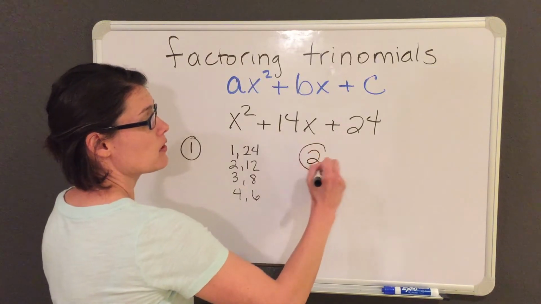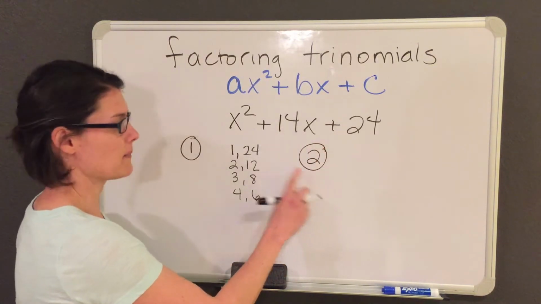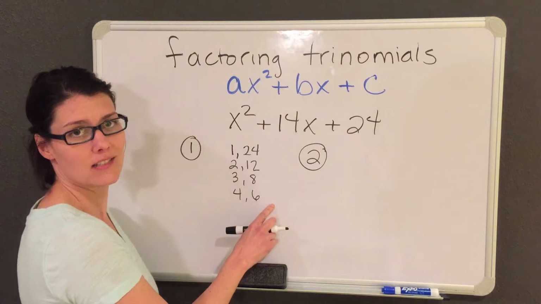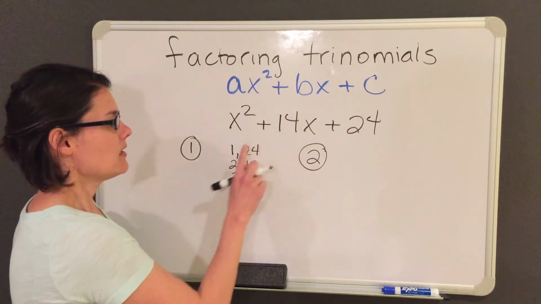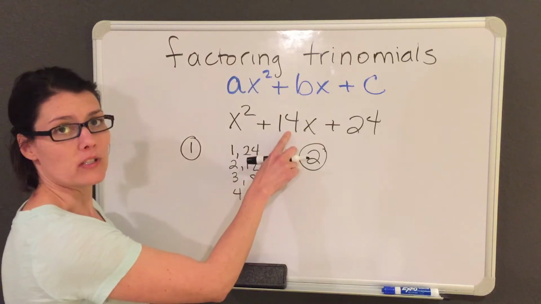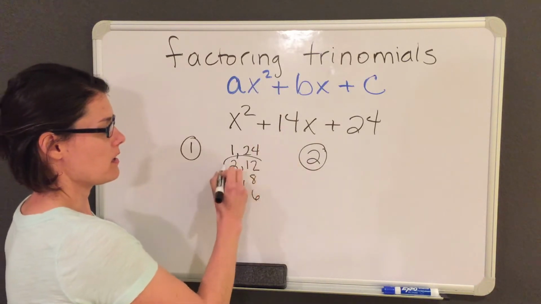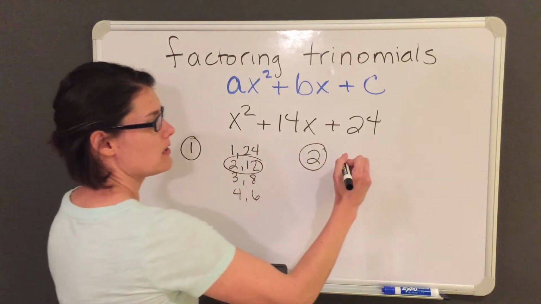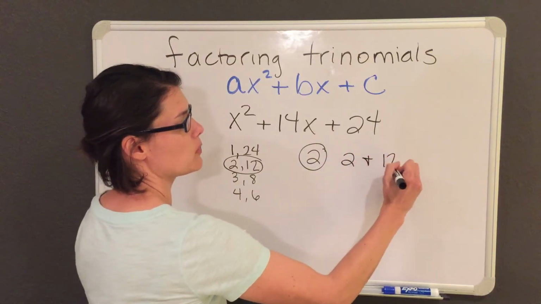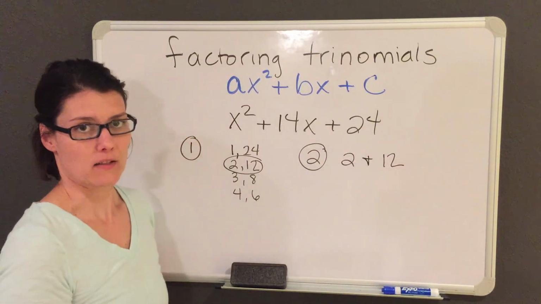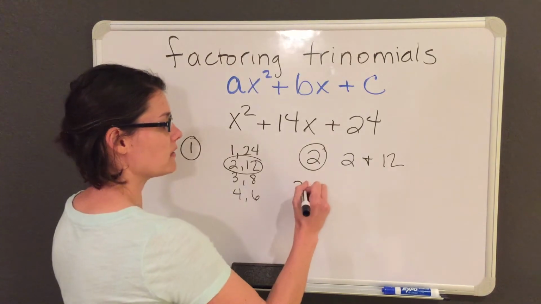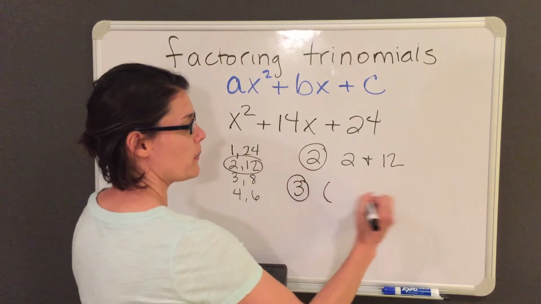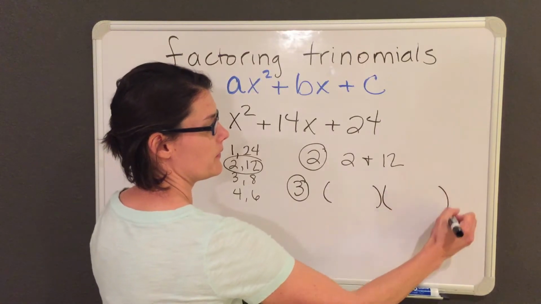Now let's go to step 2. Step 2 is I'm going to pick the pair of factors that add to be my middle term. So the pair of factors that add to be 14 are 2 and 12. So I'm going to pick 2 and 12 as my 2 factors. And then we're ready to finish. Your final step is you're going to open up 2 parentheses.